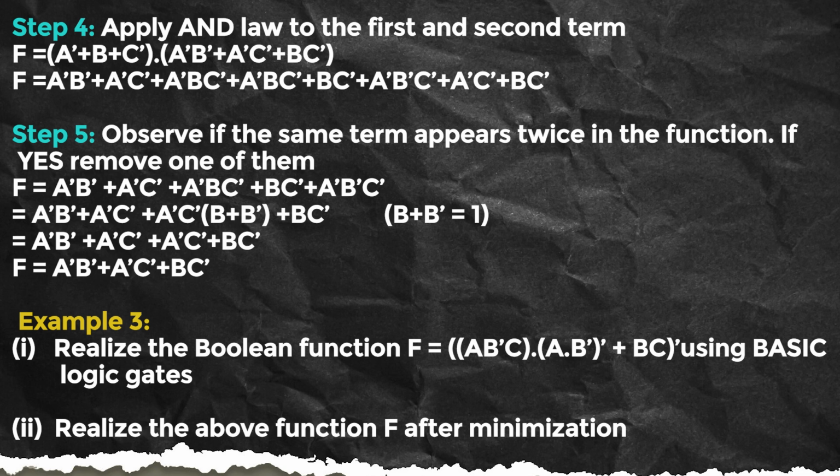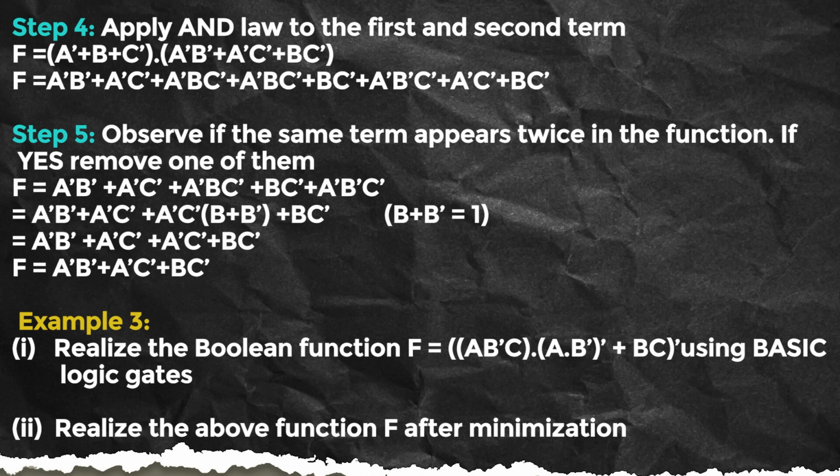So again you can see that you can take some common terms and remove any other input literal or variables. So we can see that A bar B + A bar C bar + A bar C within brackets (B + B bar). That is, the common term is A bar C and within the bracket B + B bar.